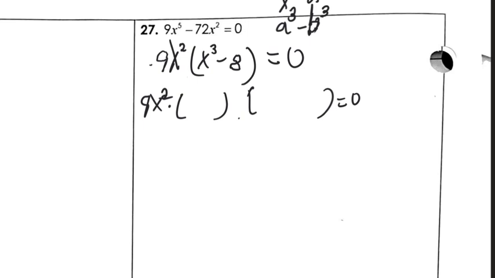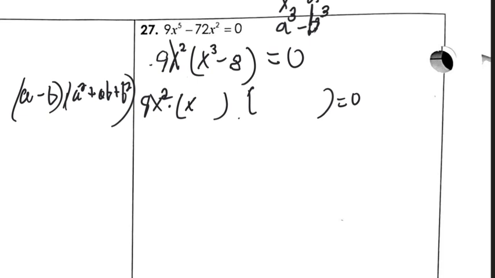Okay? So then I have my formula, which I already know, is a minus b times a squared plus ab plus b squared. And since I know that already, I can just write the numbers where they belong.